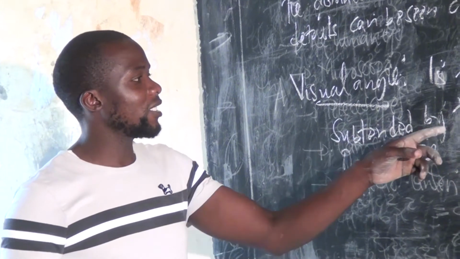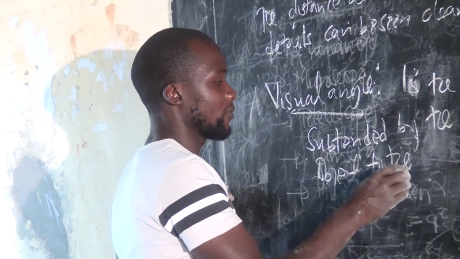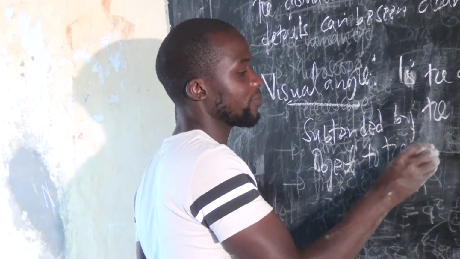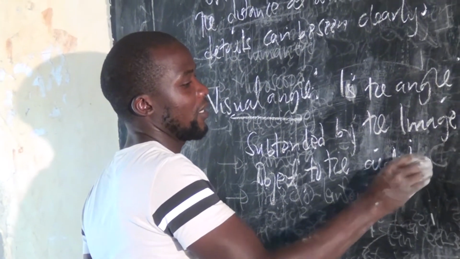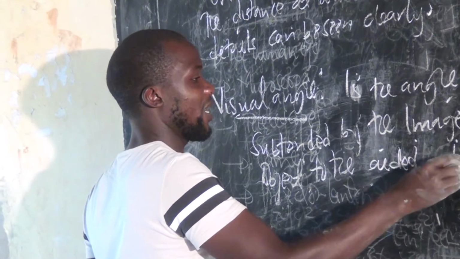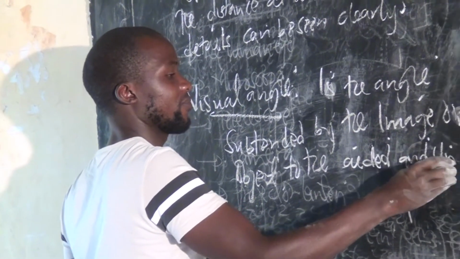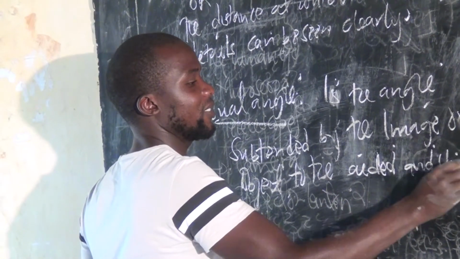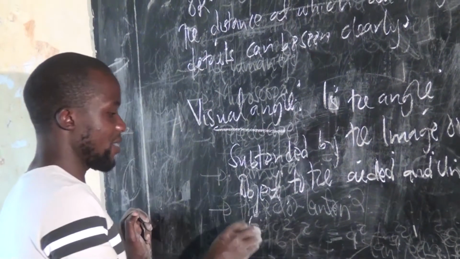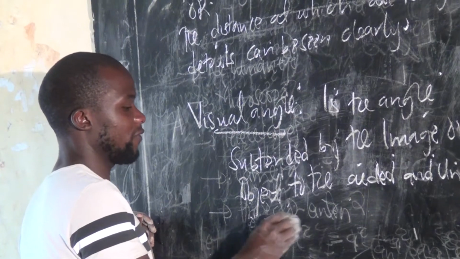The angle subtended by the image to the aided and unaided eye, respectively.